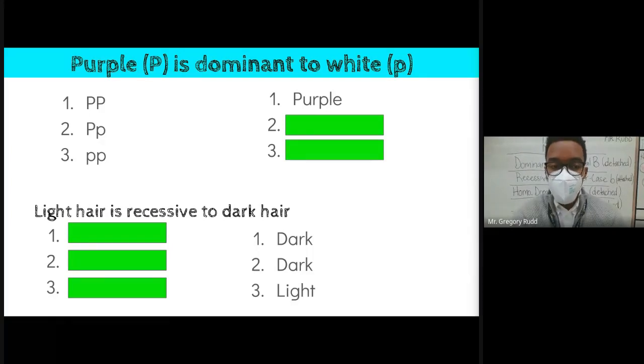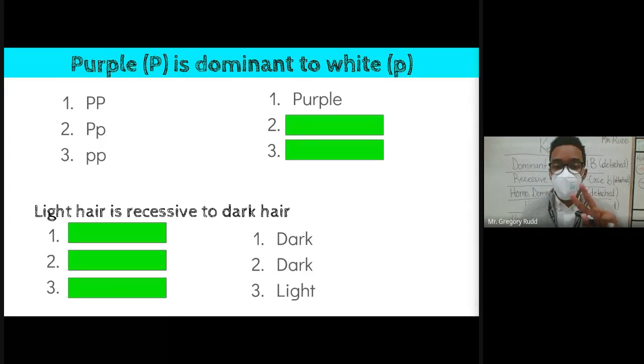That's the genotype. But anytime I have a dominant allele present, it doesn't matter if I have two dominant alleles, capital P, or if I only have one dominant allele, capital P, lowercase p, that dominant allele is strong. So it's going to determine what the outcome will be.